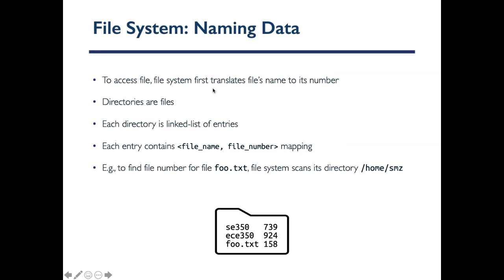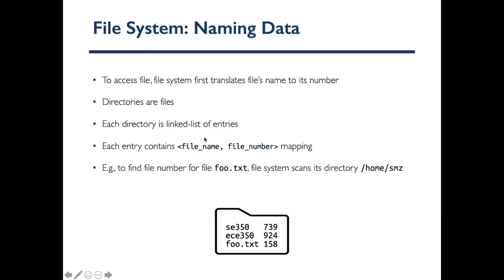As I mentioned, a directory is basically another file. So if you have a path that you want to use to access your files, what you can do is, in a recursive manner, read each directory in your path to find the next part of your path.